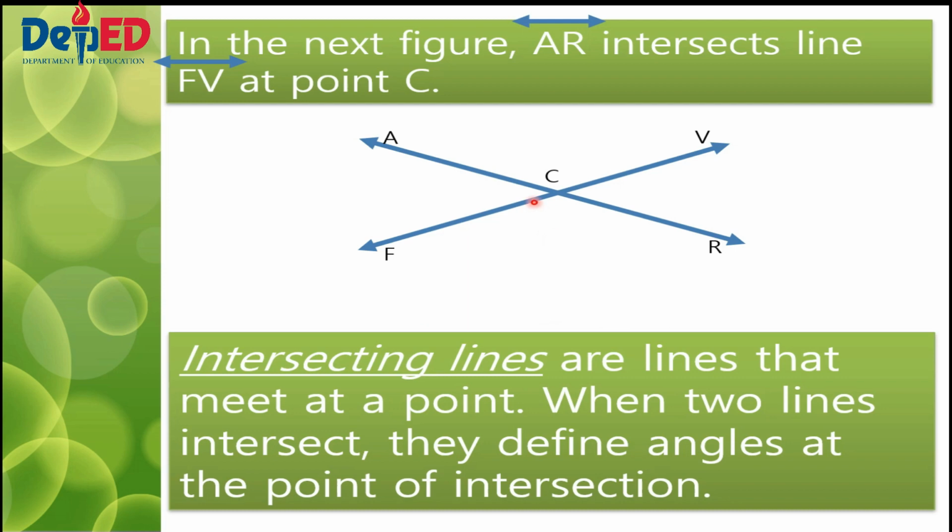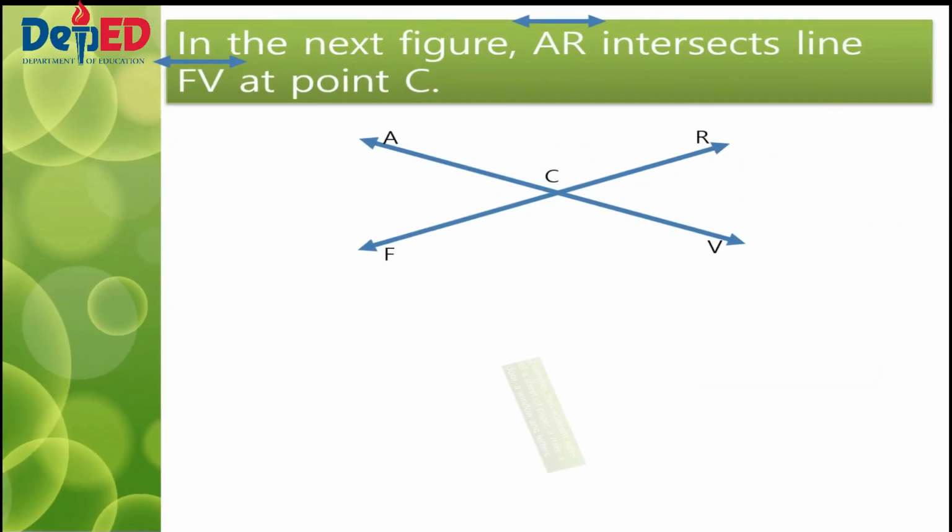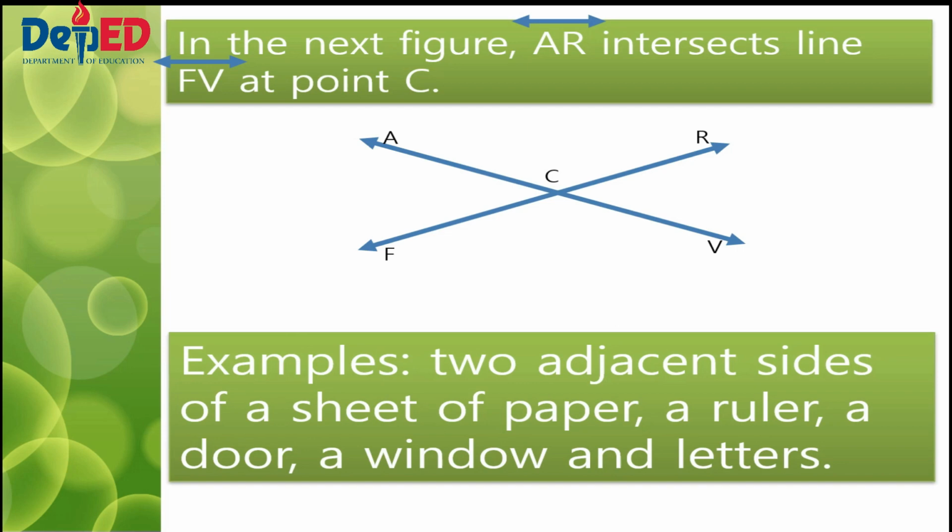So in our figure, the point of intersection is at point C. Here are the examples of intersecting lines. We have two adjacent sides of a sheet of paper, a ruler, a door, a window, and letters.